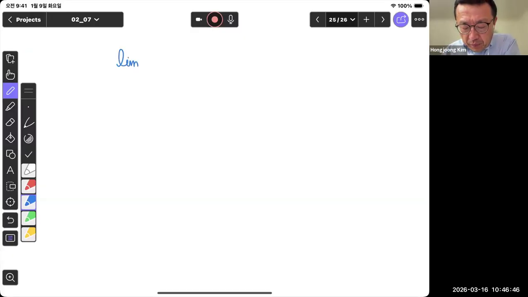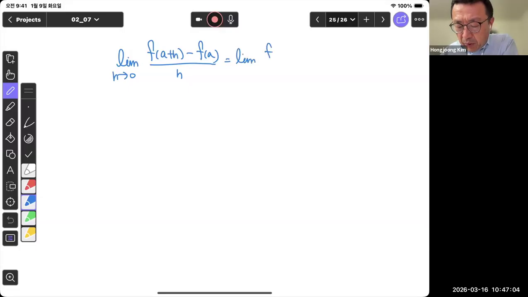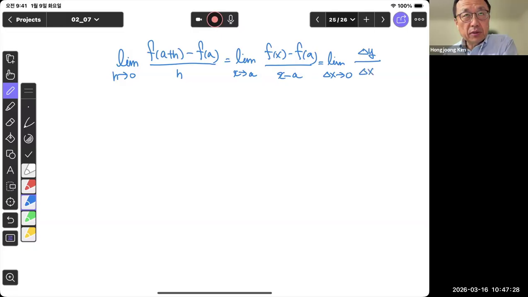Limit of f of a plus h minus f of a over h as h goes to 0, or you may say limit of f of x minus f of a over x minus a, and then you let x go to a, or sometimes we may consider delta x, and then you let delta x go to 0, and we are considering the limit of delta y over delta x.